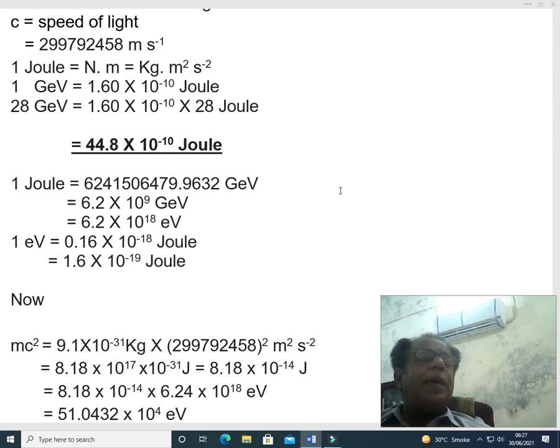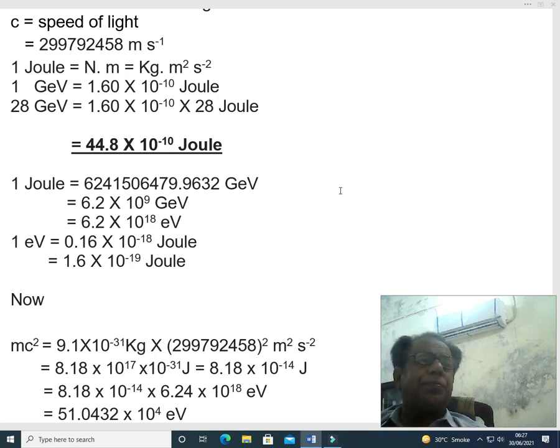When we simplify that expression, it will become equal to 1 joule is equal to 6241506479.9632 giga electron volt, which alternatively becomes equal to 6.2 into 10 raised to the power 9 giga electron volt.